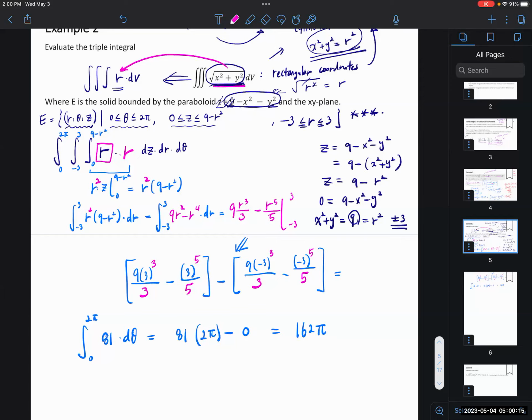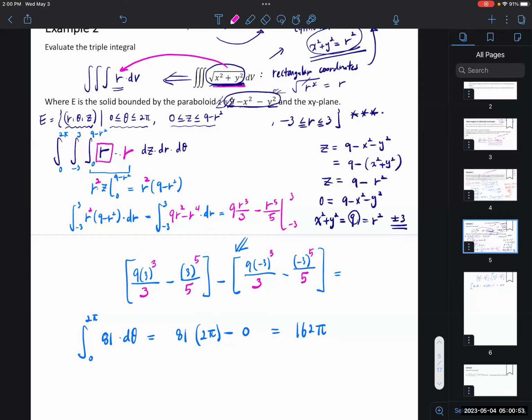You can use a decimal as well. And then divided by 3, and then -3 to the fifth, divided by 5. Okay, so what did you get? Anybody got the answer? I got a very, very ugly number, 64.8.